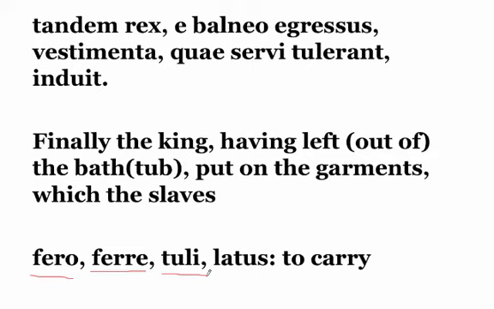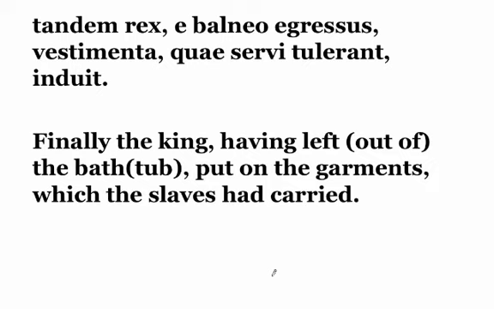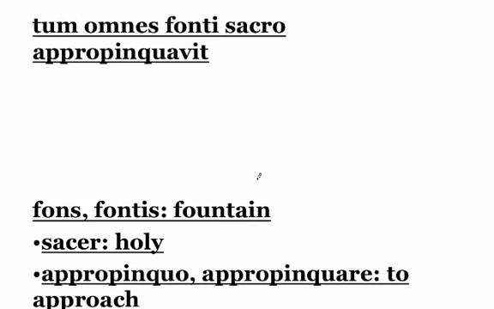But it is, people. Tuli, I carried. Latus, having been carried. Vestimenta, the garments. Quae servi tulerant, which the slaves had carried. And by the way, pluperfect ending here. Remember, had done the action.